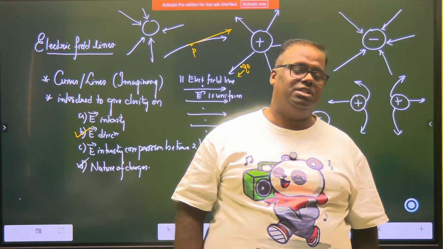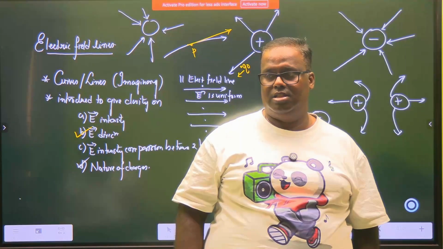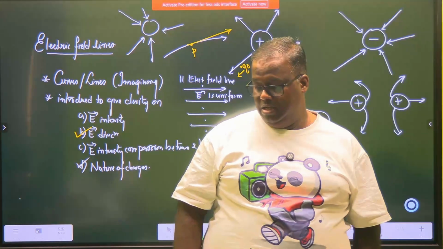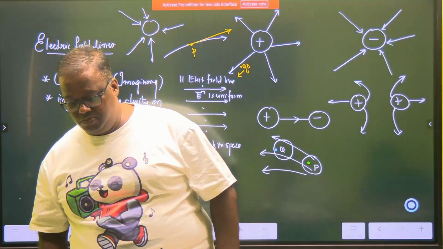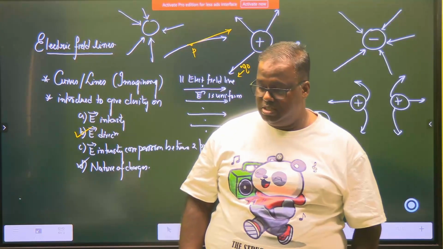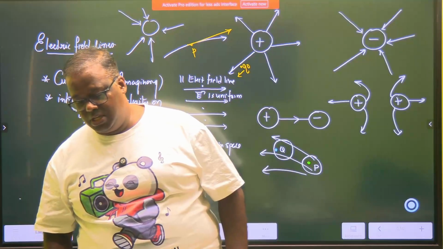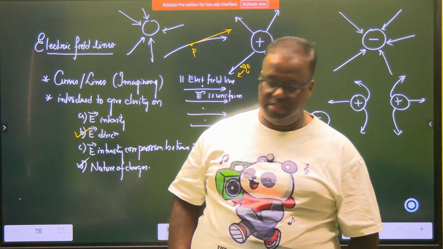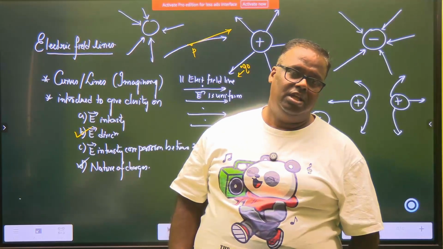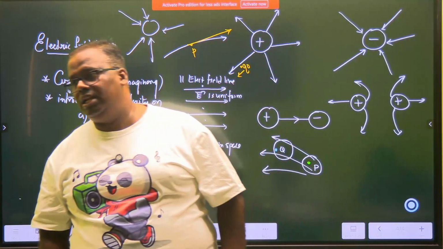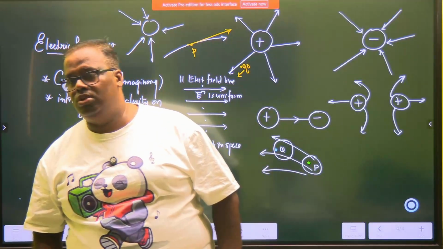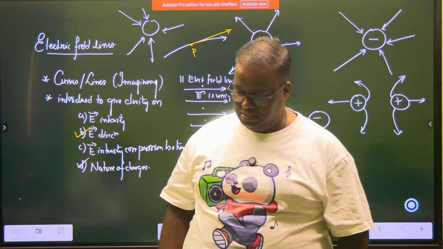And now read, it will make sense. The definition goes like this: curves or lines drawn around a charge in such a manner that the tangent at any point on them gives the direction of the net electric field intensity at that point. And to denote the net electric field intensity, you wrote E with brackets, right?